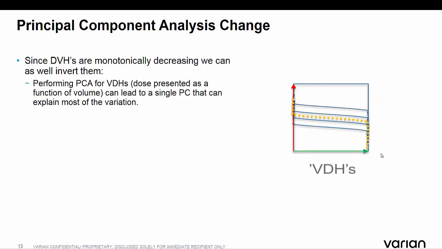Since DVHs and cumulative volume histograms for the geometrically expected dose are monotonically decreasing functions, they can be replaced by their inverse functions, functions of volume rather than dose. These two different interpretations would lead to different principal components, often one of them being more natural than the other.